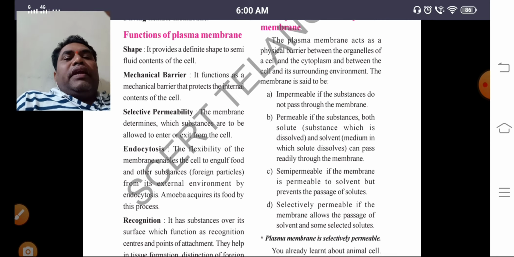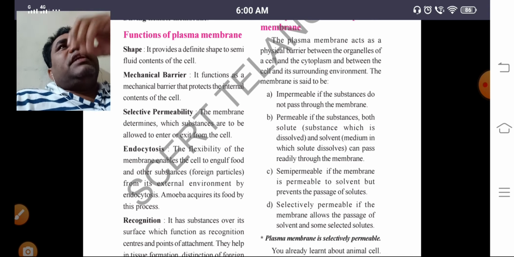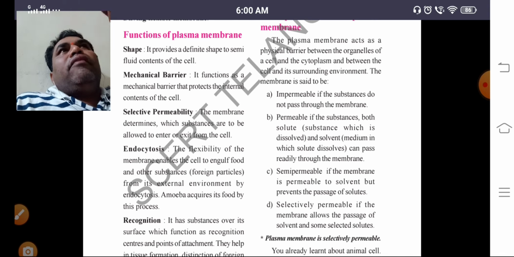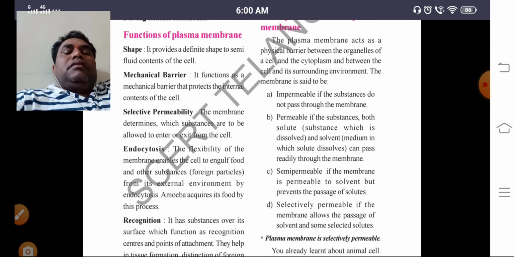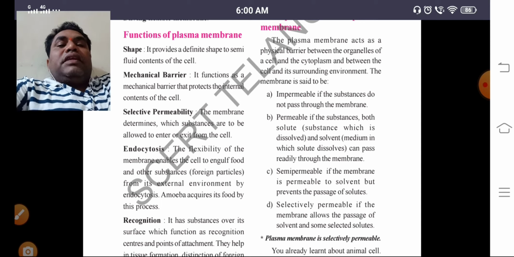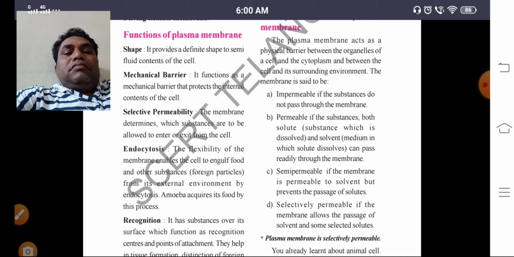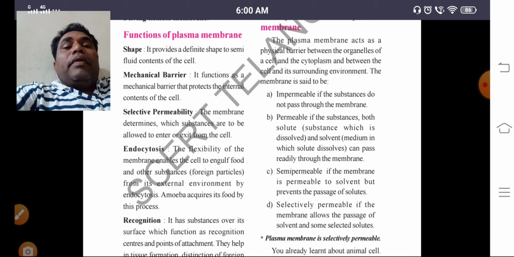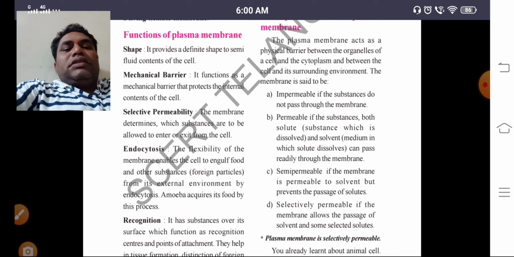Whatever foreign or harmful materials enter, the cell will engulf them and denature them, damaging the structural and functional activities of that foreign material. Mainly amoeba, a unicellular organism, captures food material by endocytosis.